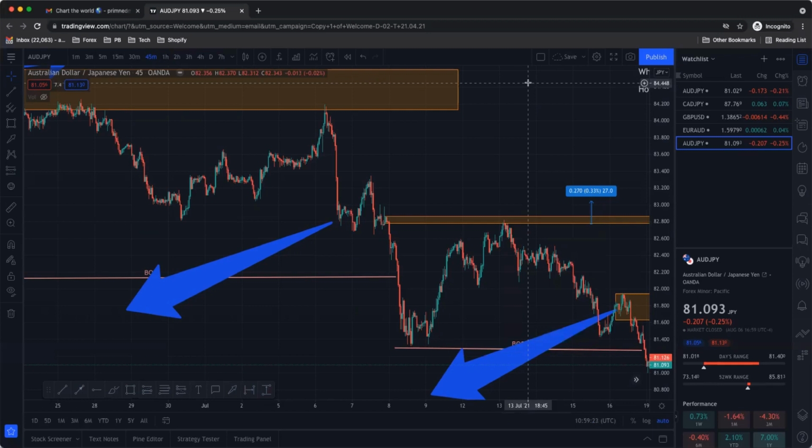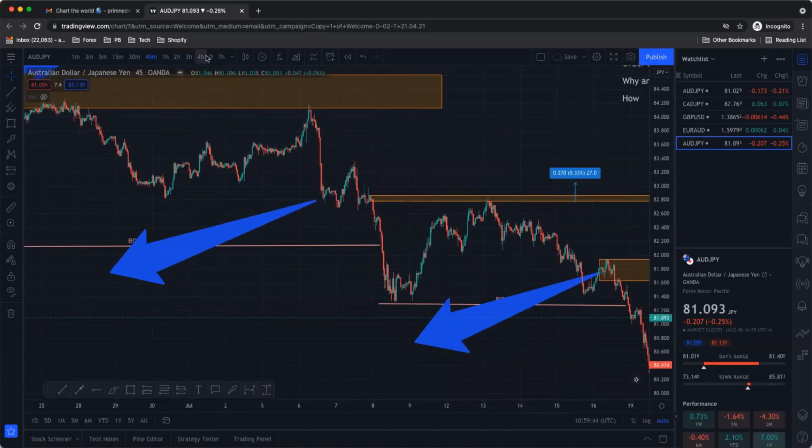Don't go below 1 hour, because the lower you go, the structure doesn't hold up. Stick to the 1 hour, and if the order block is about a 10 pip range, you will be fine.